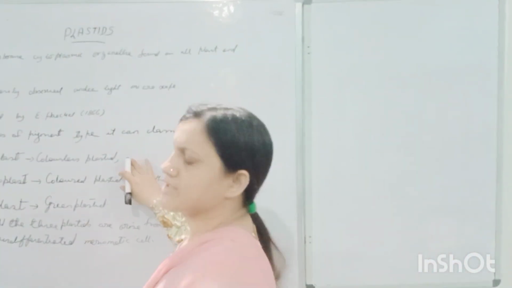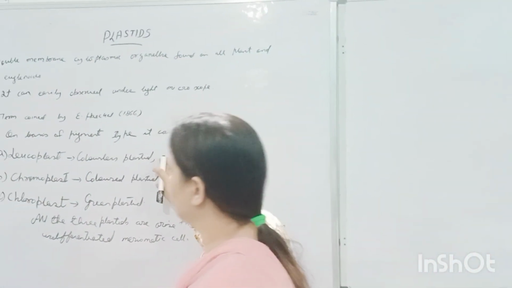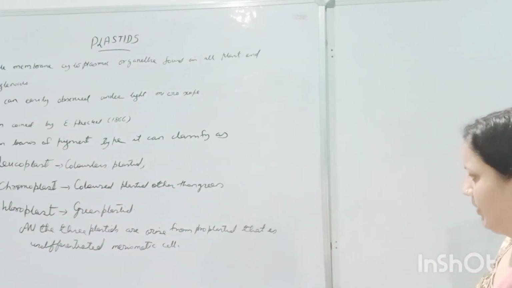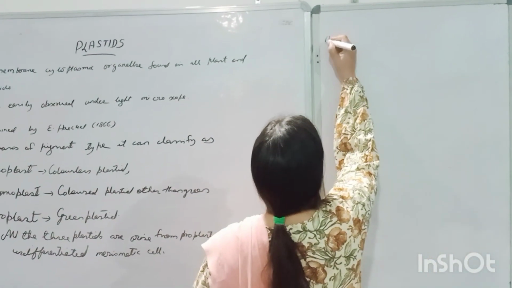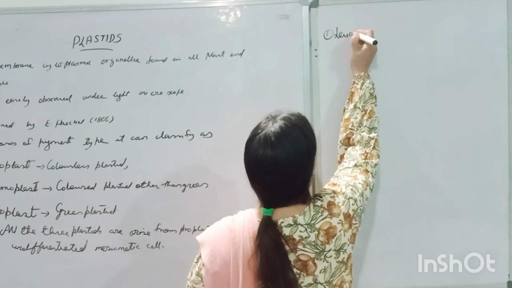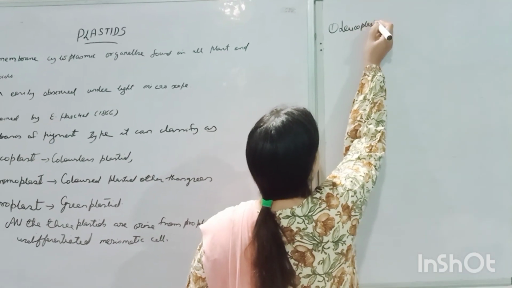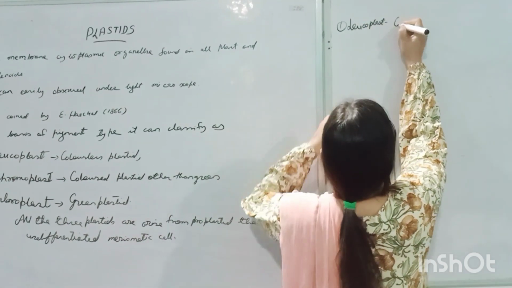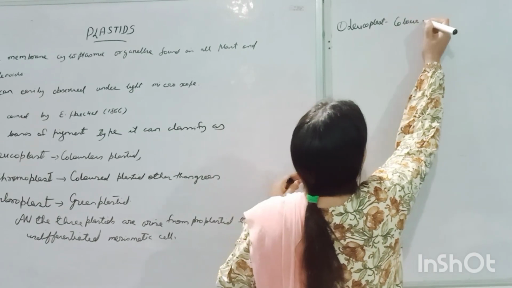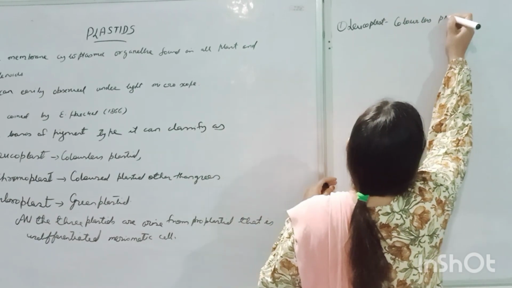Now we will explain the leucoplast. What is leucoplast? Leucoplast is a colorless plastid.